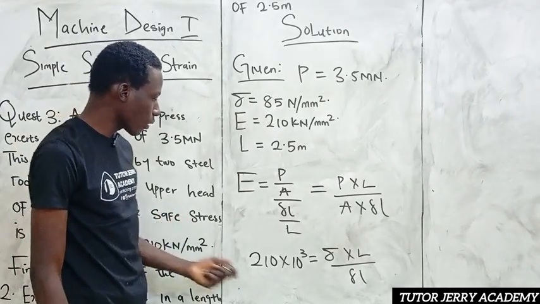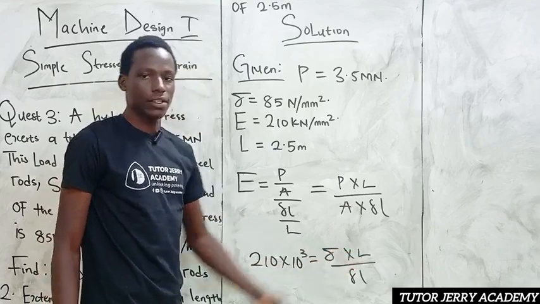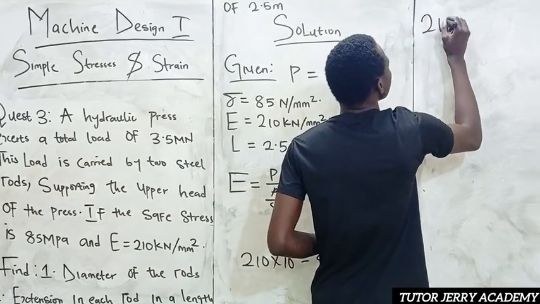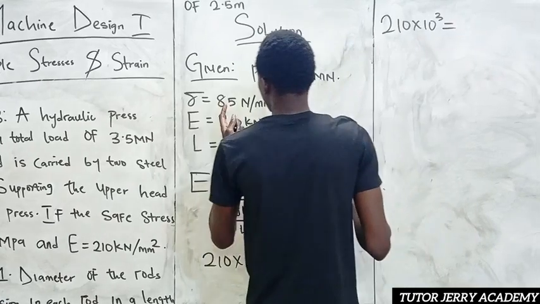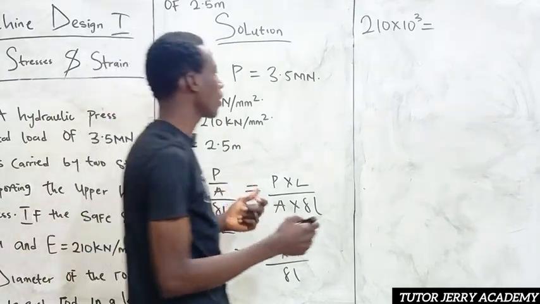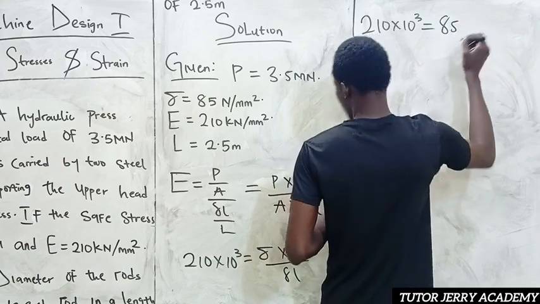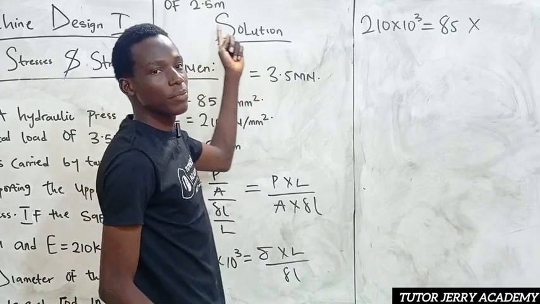So next, we are going to be substituting for sigma and for our length. So let's do that. 210 times 10 to the power of 3 will be equal to our sigma, which is nothing but 85 Newton per millimeter square, multiplying a length of 2.5 meters.